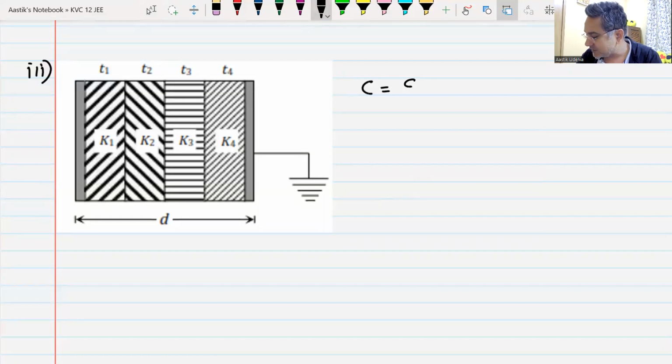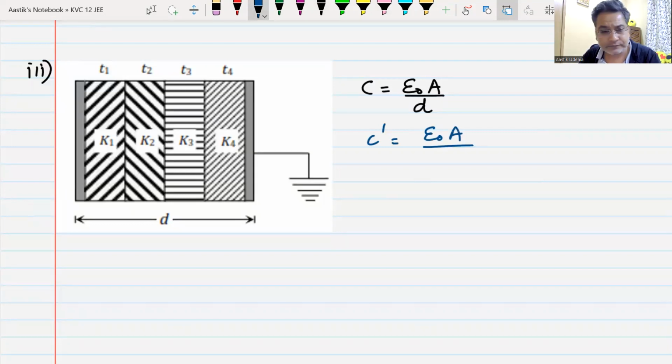Your original capacitance always remains epsilon naught A by D. Your new capacitance C dash becomes epsilon naught A upon, D minus T is 0, so it simply becomes summation of Ti by Ki. Do we understand this?